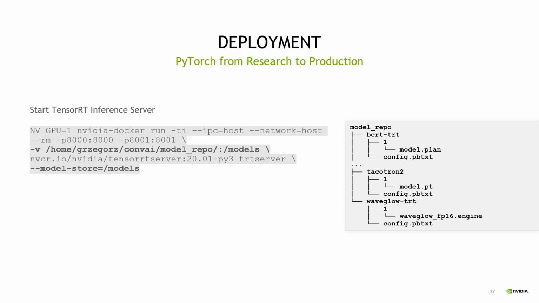In this configuration file, as you will see in a minute, we have different attributes for a specific model. To run the inference server, we have to provide the path where the model repository is, and then also let the server know where to load the models from.